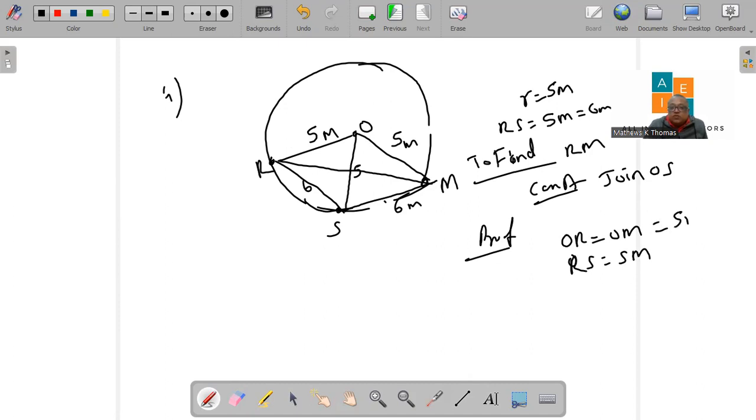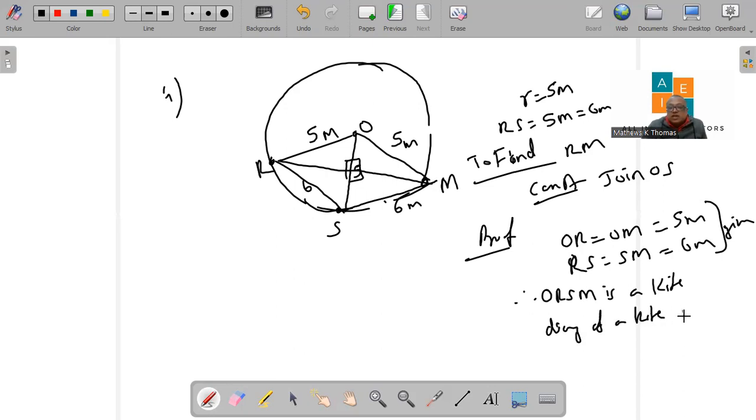This is equal to 5 and this is equal to 6. Both these conditions are given. Therefore, ORSM is a kite. Now, if I am proving this is a kite, I know that diagonals of a kite intersect at 90. So this angle is 90 degrees.